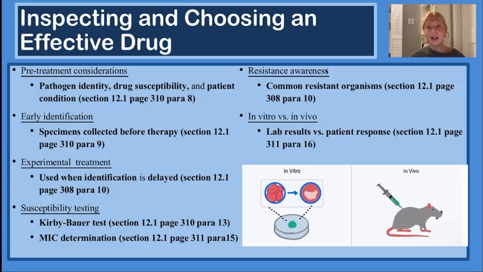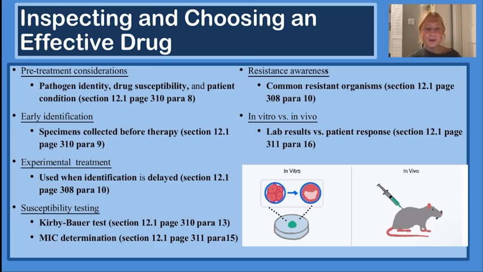Identifying the infection as early as possible is critical, especially collecting specimens before antimicrobials are given, since treatment can eliminate the pathogen and complicate the diagnosis. In some cases, therapy must begin empirically based on symptoms, gram stain results, or epidemiological patterns, even though it is not ideal.